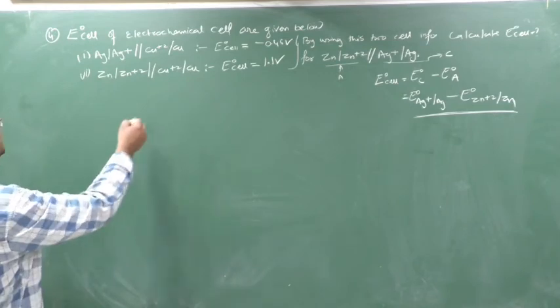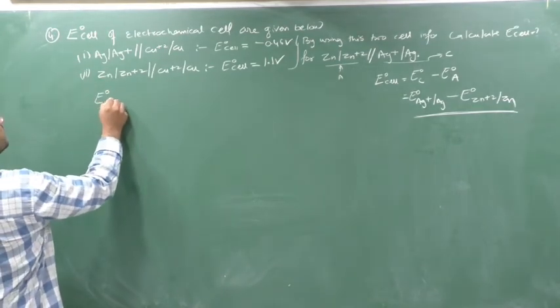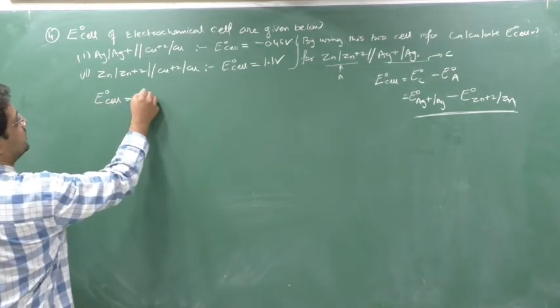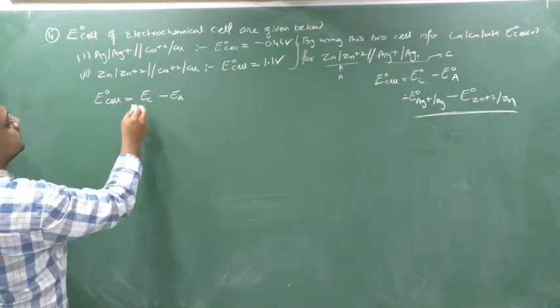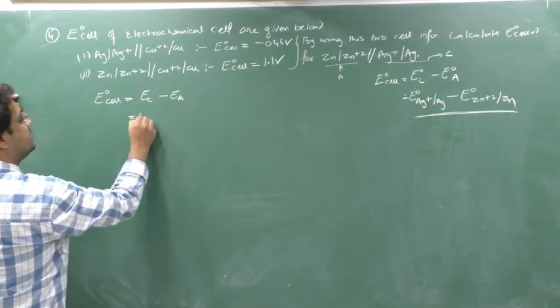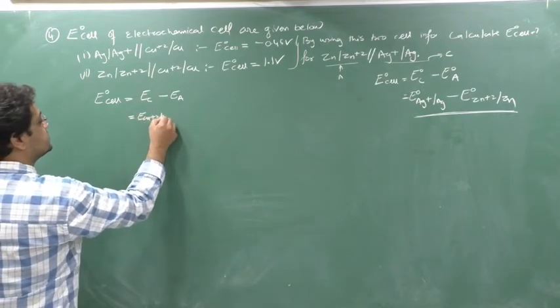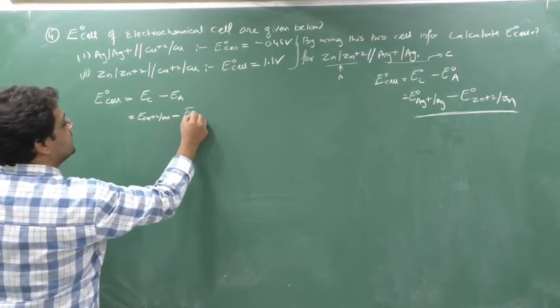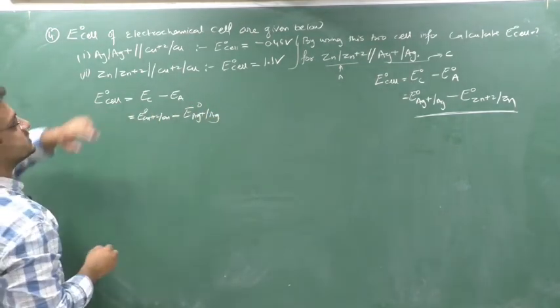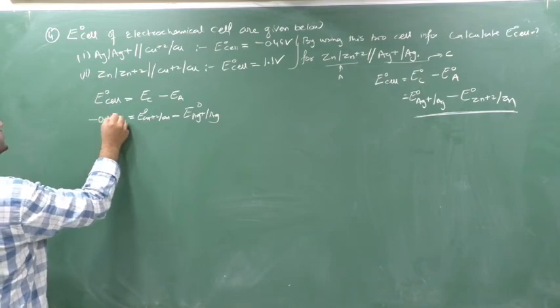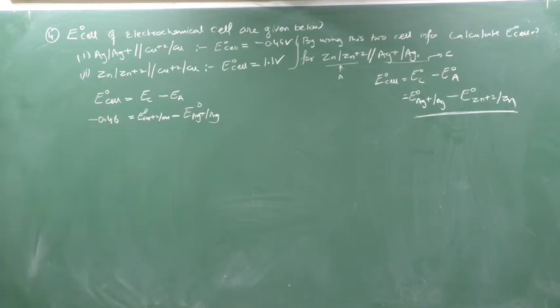Now see here, first E naught cell equals E cathode minus E anode. Who is at cathode? Cu+2/Cu. Who is at anode? E Ag+/Ag. And for this how much is E naught cell? Minus 0.46 volt. Yes or no? Yes.